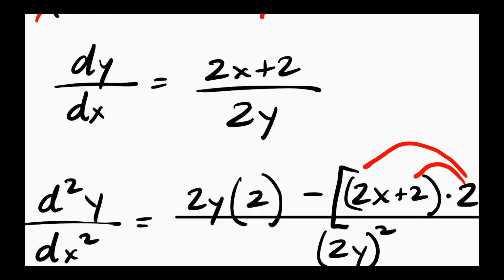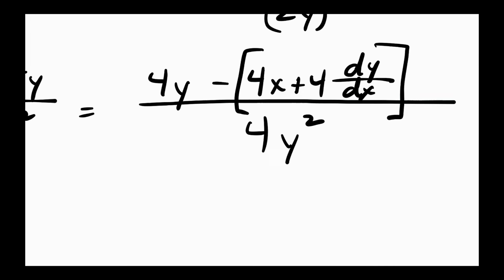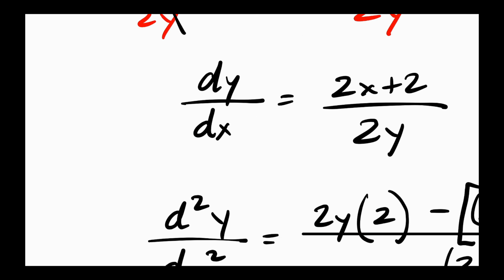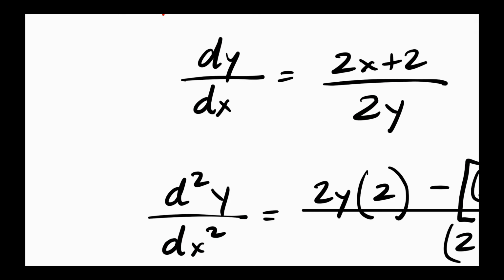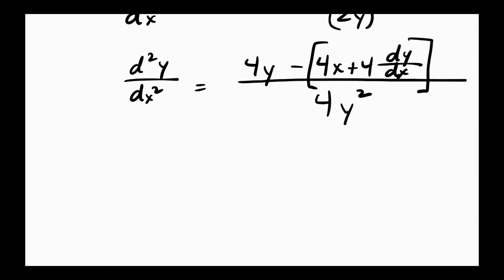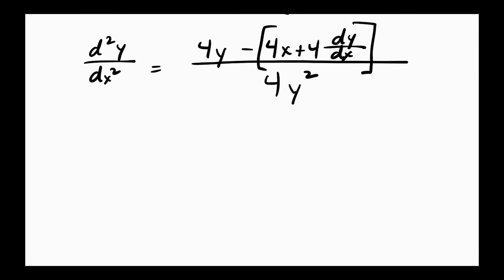So what I'm going to do is substitute dy dx with the actual derivative because they're equal. We solved that. That's the first derivative, right? So wherever I see a dy dx, I'm going to substitute in this guy right here. Okay, so what is that going to look like? It's going to look like this right here. Watch.